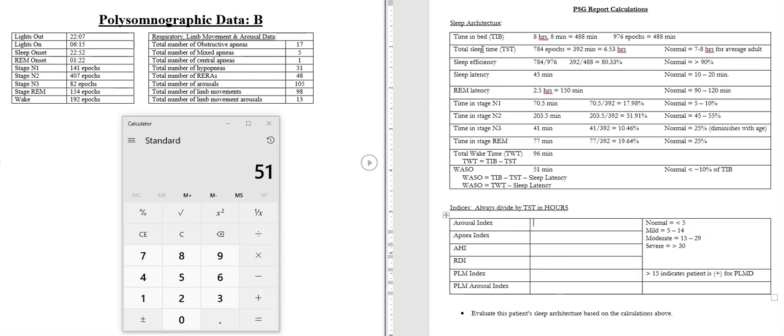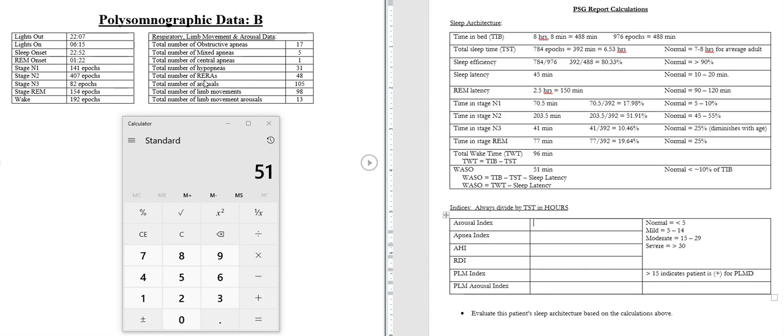But just understand why we use total sleep time, because it's how many arousals they had on average per hour of sleep. That's the definition of the index of any of these, the average number of these events per hour of sleep.